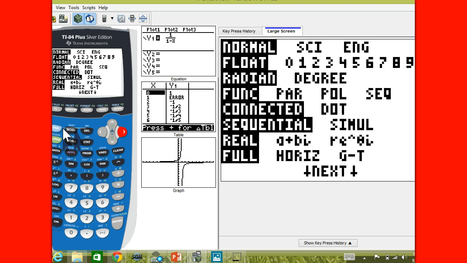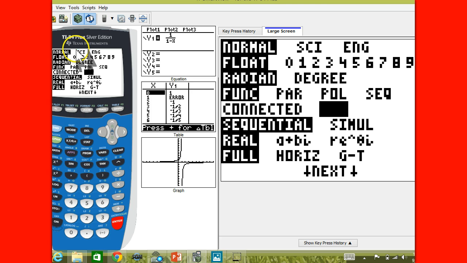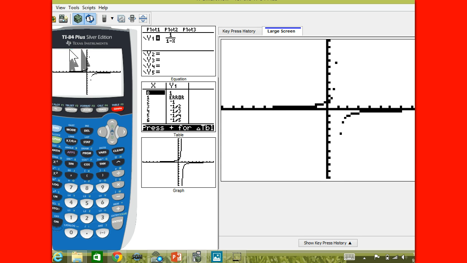But if I switch it over to dot mode, then when I go back to that graph, it doesn't connect the dots. It just plots the points, but doesn't connect them once it plots them. For those of you that were getting a line running here, when you switch from connected to dot, does that make that line go away? That should fix that problem for you.